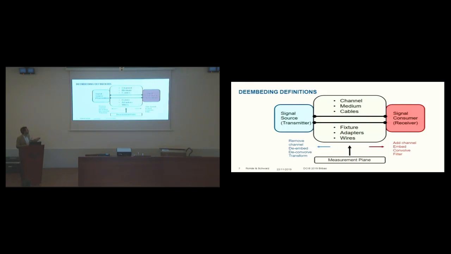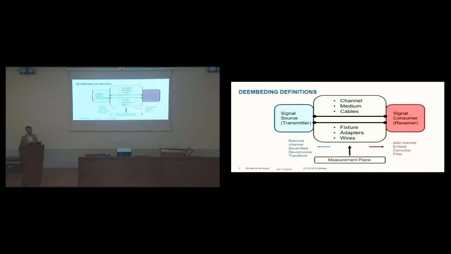And in between, we have the channel. This channel could be cables, fixtures, adapters, wires, probes, many things. When we are measuring a DUT, a device under test, the signal source is the DUT, and the receiver is the oscilloscope or measurement tool.